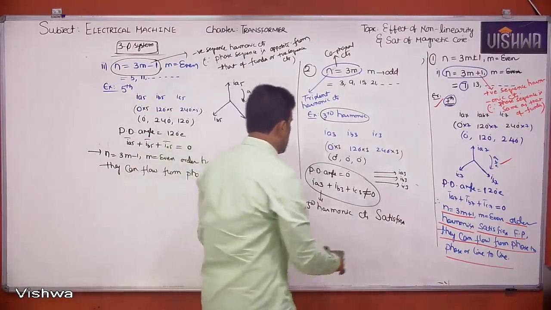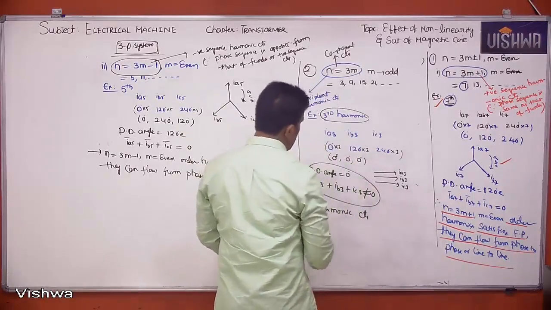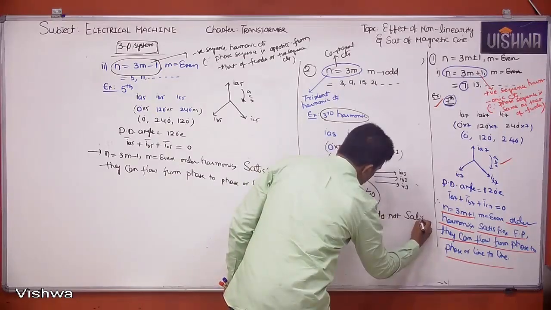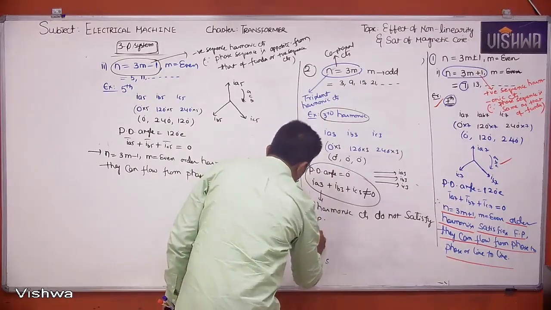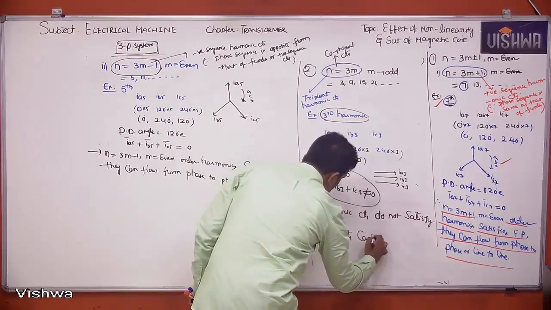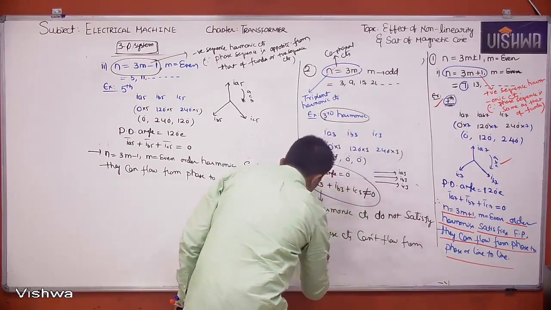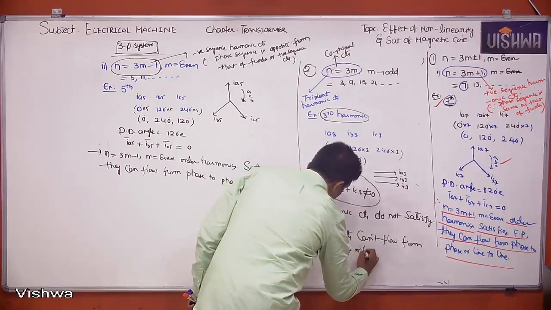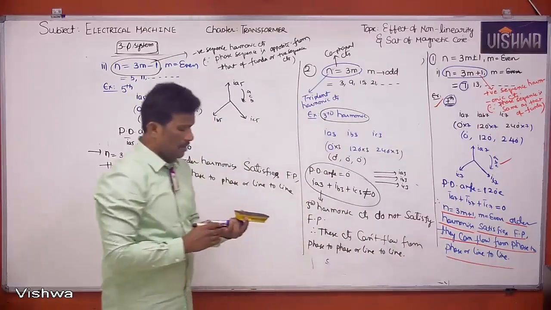So I can say third harmonic currents do not satisfy the fundamental property. Therefore, these currents cannot flow from phase to phase or line to line. Please note down.